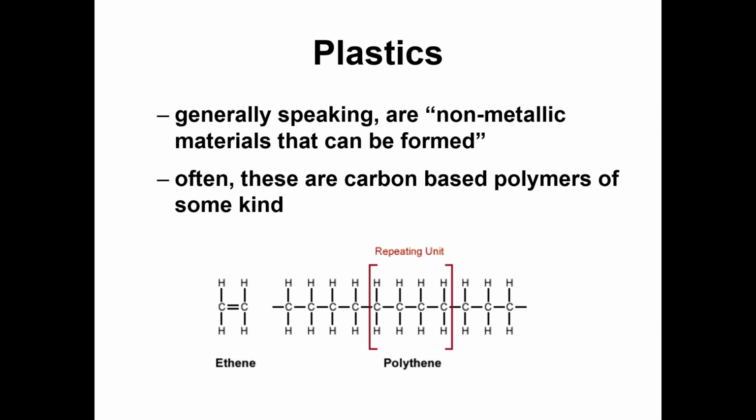Well, there's a whole other class of materials made from hydrocarbons, basically, where oil is the feedstock. You can take small hydrocarbon chemicals, like in this example ethene, and ethene is two carbons with a double bond, and then the hydrogens hanging off of that.